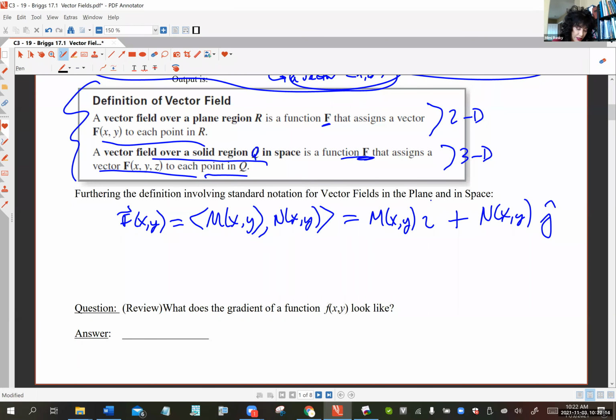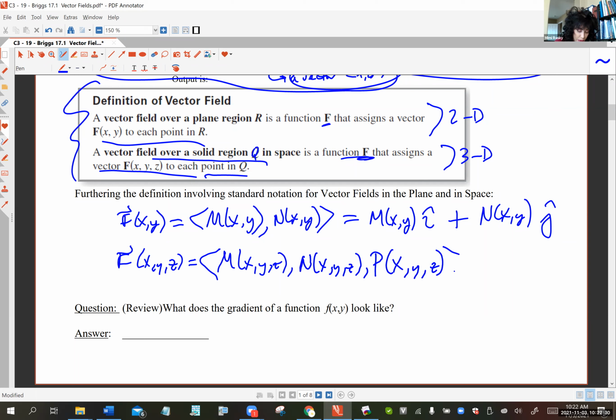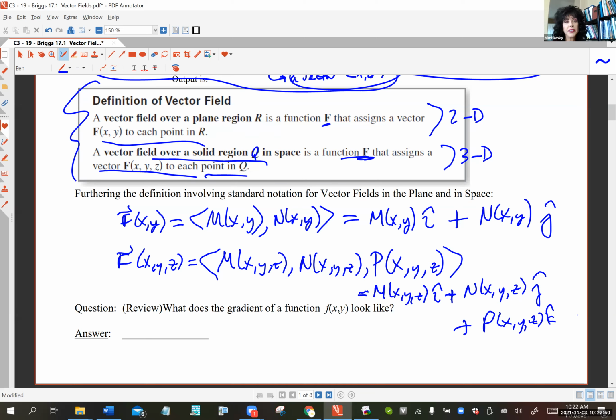And for a vector field of three variables, you're going to have three components, and the three components are going to be M, N, and P. Briggs uses P, Q, and R, whatever. And if you want to use the i hat, j hat, k hat notation, that's totally okay. I'm personally not opposed to it. It's just that I don't prefer it. Okay, so that's just some more notation.